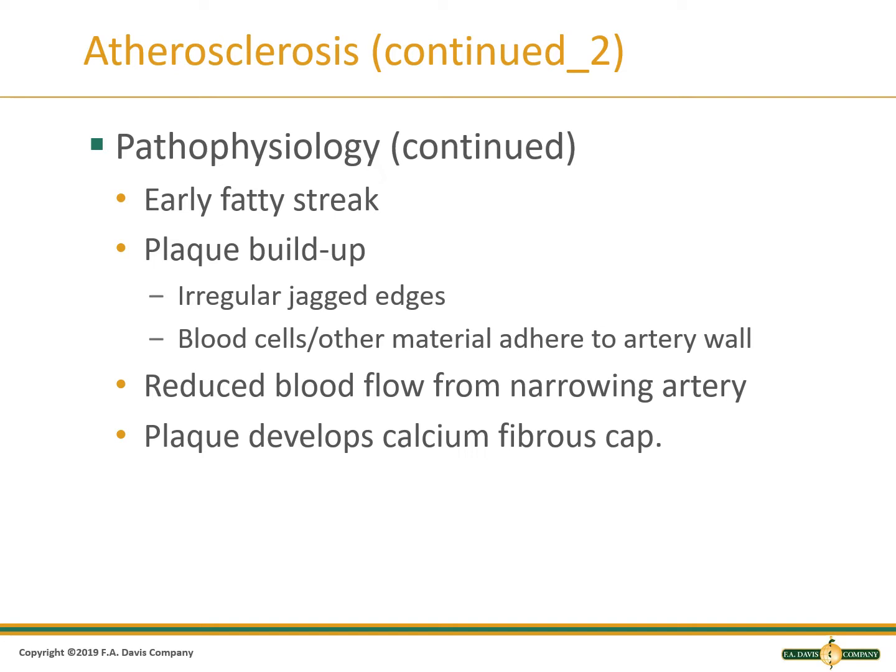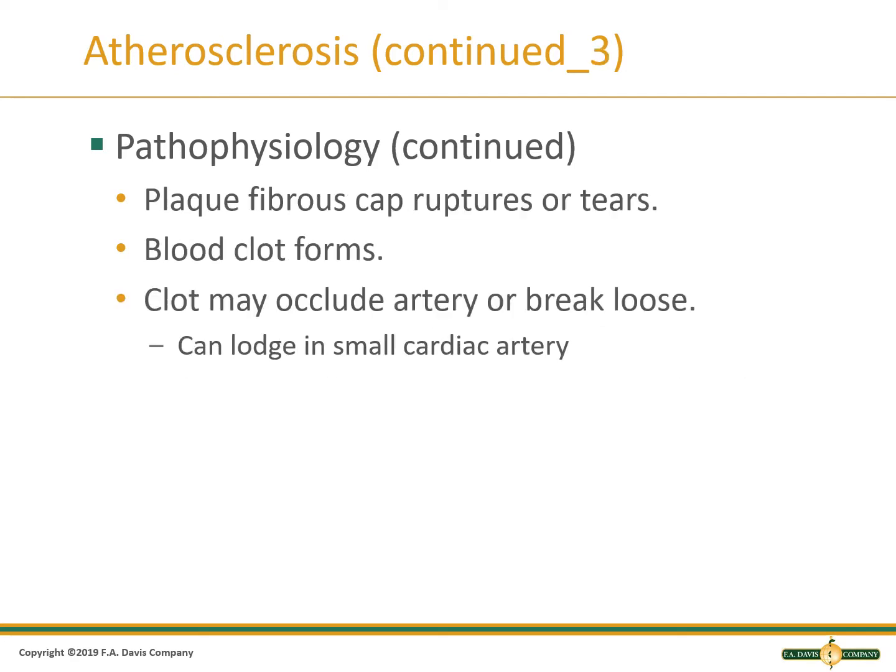What this ultimately does is narrow the artery, reducing blood flow to anything distal where the narrowing occurs. Also important to note is that the jagged edges create turbulent blood flow in the arteries, leading to damage of healthy cells in the bloodstream and further increases the accumulation of cells and fibrinous proteins.